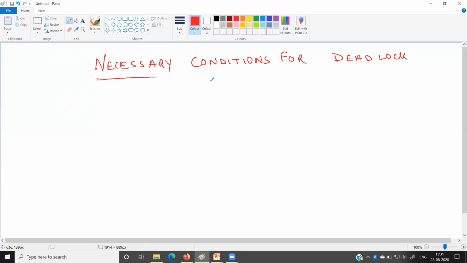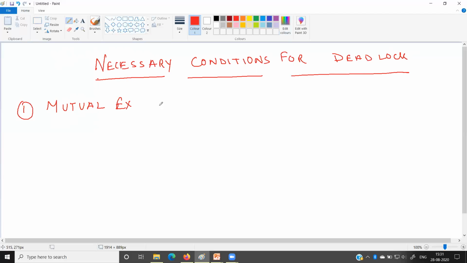There are 4 conditions which are very much required. By observing those 4 conditions, we can decide whether the deadlock has occurred for the system or not. So the first condition is called the mutual exclusion.